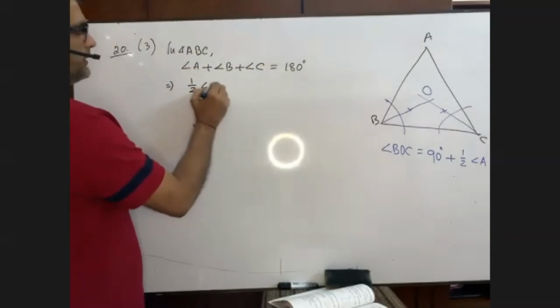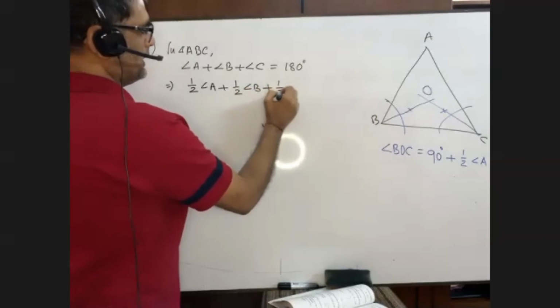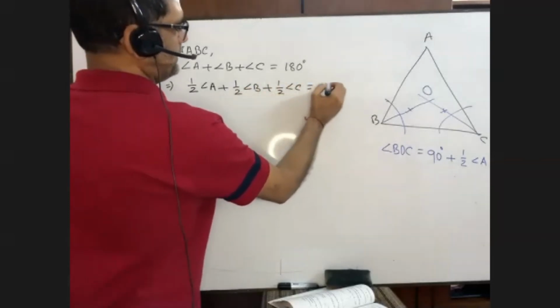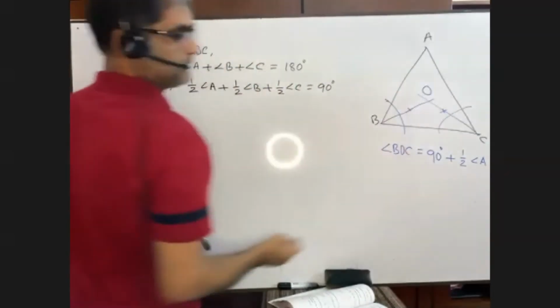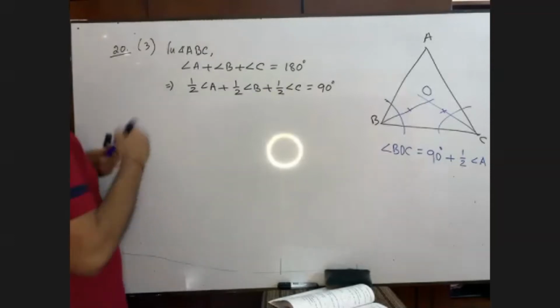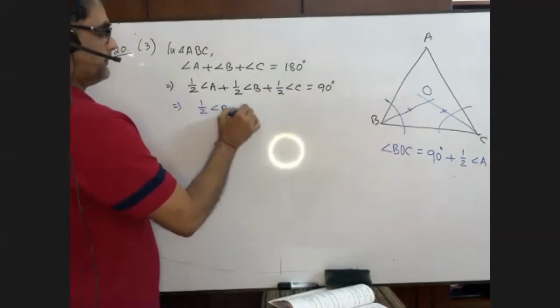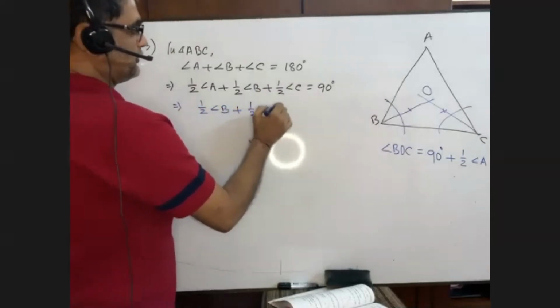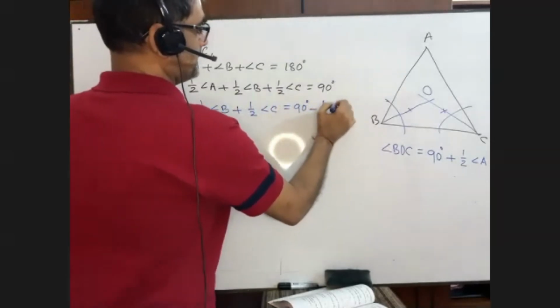Half of angle A, half of angle B, half of angle C equals 90 degree. I have divided by 2 because we want half of angle A. Now we can write half of angle B plus half of angle C is equal to 90 degree minus half of angle A.